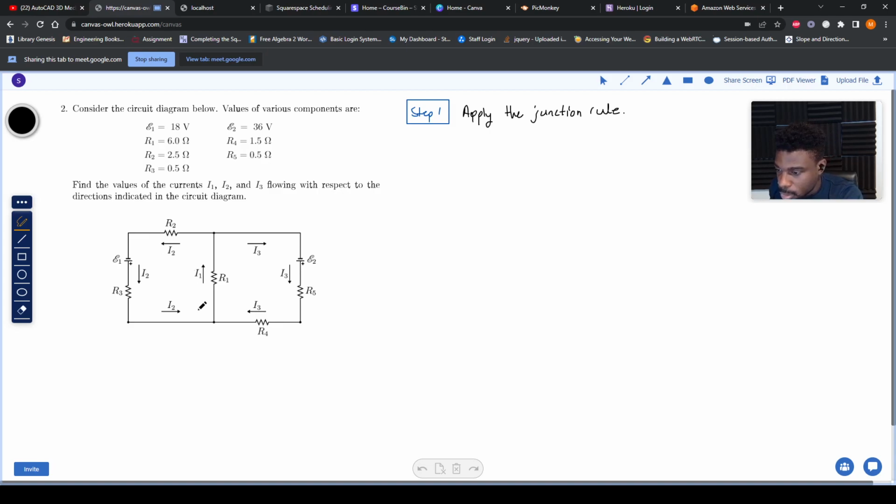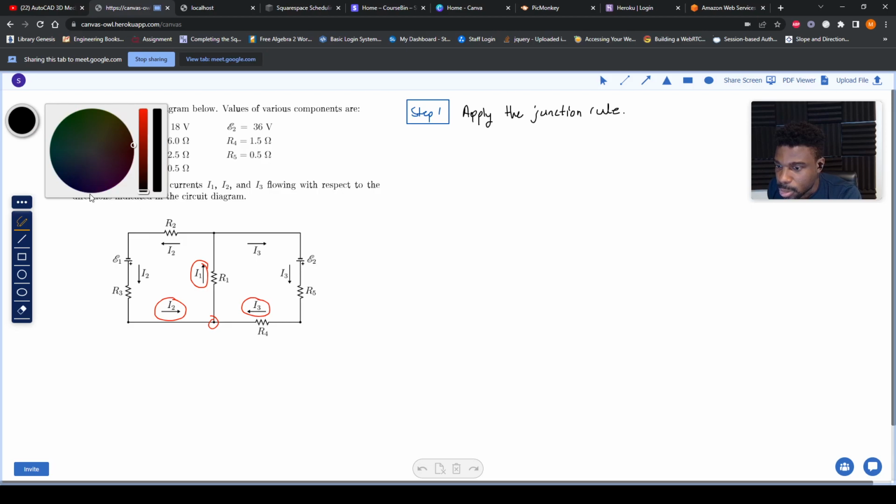For example, if we look at this junction down here, notice that we have current 2 and current 3 flowing into this junction, but at the same time, we have current 1 flowing out of that junction. So current 1 must be equal to current 2 plus current 3. Both currents are flowing into the junction, and we have a resulting current coming out of the junction.